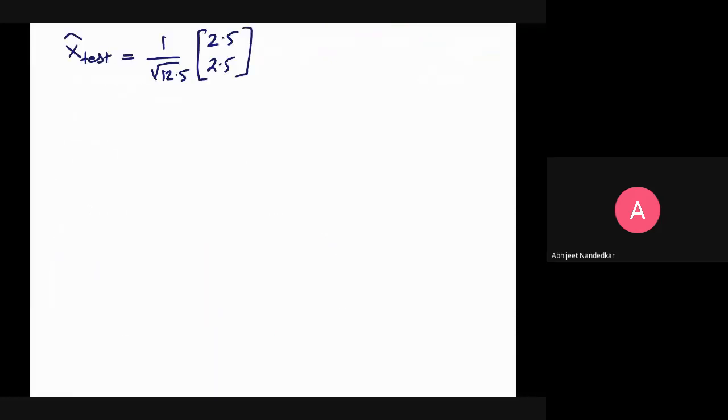Similarly, we will normalize X test. So 2.5, 2.5 was my test sample which is to be classified. So 2.5 square plus 2.5 square, so I think 12.5, and the square root of that will be the length of this vector. So you can divide by that length.